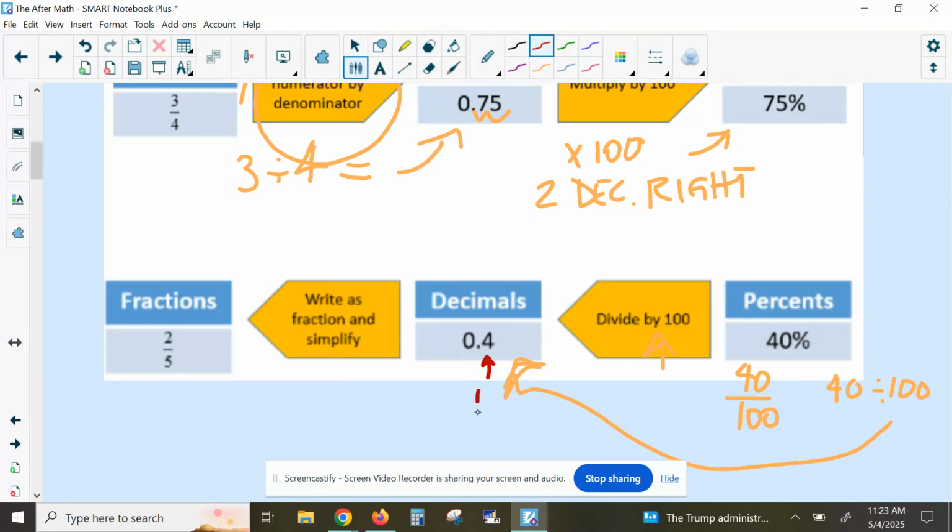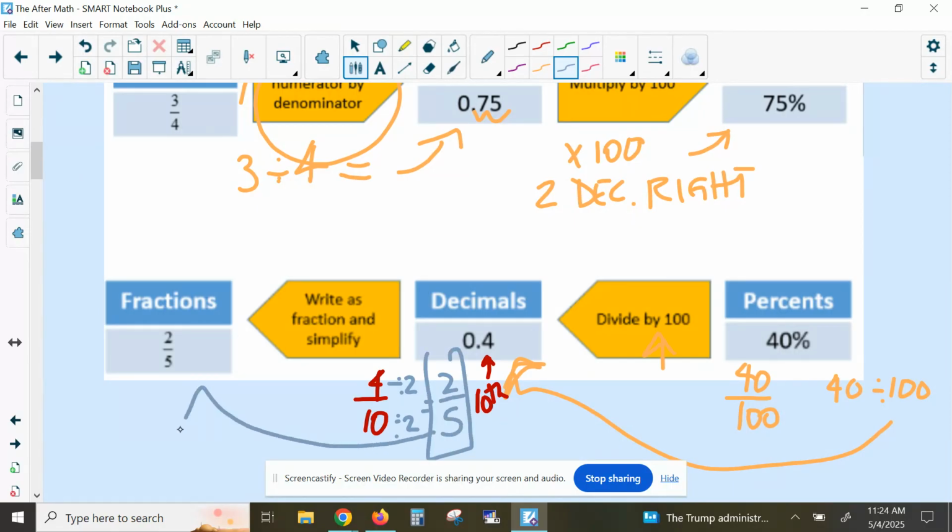This number is in the tenths place, so you write this as 4 tenths. You're not supposed to read that 0.4. You're supposed to say 4 tenths. Then you would simplify if you have a common factor that goes into both 4 and 10, which 2 goes into both. So divide by 2, and you would get 2 over 5, which is your fraction. So quickly just reminding you how to go back and forth in between.